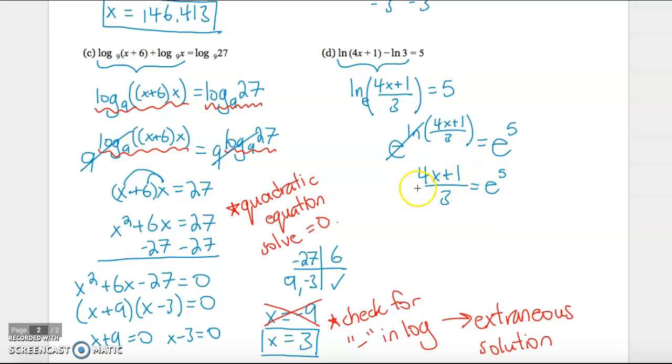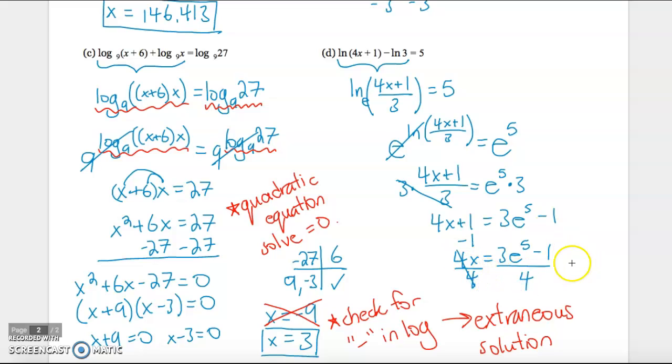So I can multiply both sides by 3 in order to cancel out with this division by 3. Then I have 4x plus 1 equals 3e to the 5th. Then I'll subtract 1 from both sides, and then I'll divide both sides by 4.